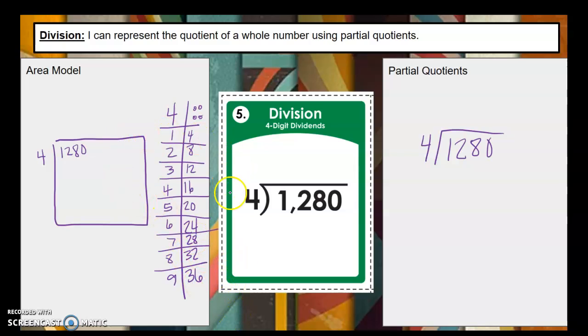Now, nothing is anywhere close to 1,280, so let's add some zeros. Make our chart 10 times larger. Man, that's still not anywhere close. Okay, let's add another 0. Let's make it 100 times larger.